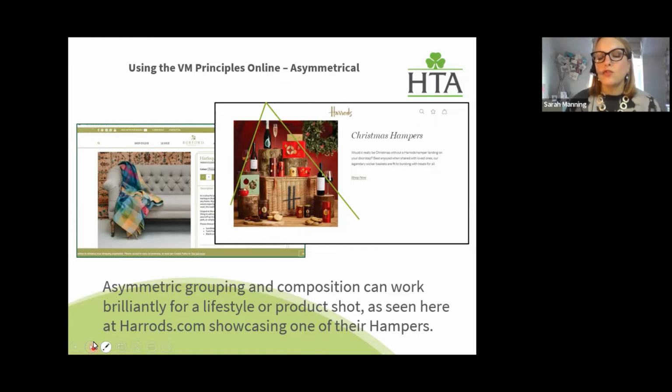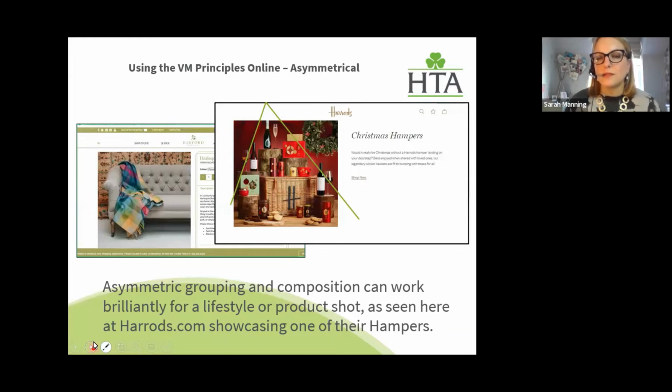It's a more dressed way of presenting product, and particularly popular on Instagram. On apps like Instagram, you see a lot of asymmetrical groups, and I saw a really good example of this earlier on. I was having a look at the Liberty Instagram page, and they had lots of great examples of asymmetrical product compositions. It works better with 3D product, as we see here with Harrods.